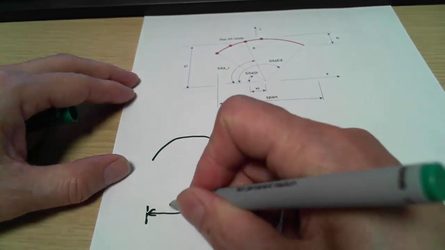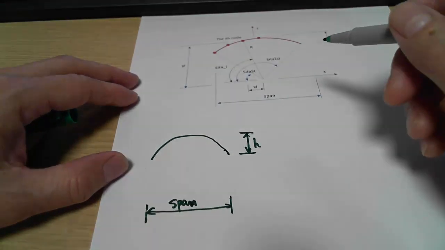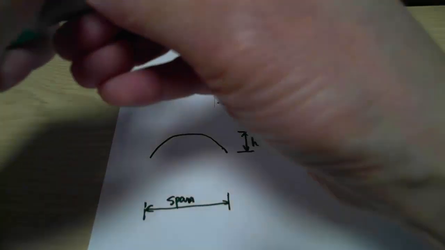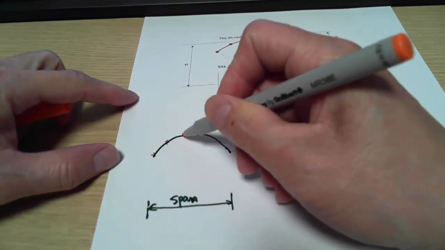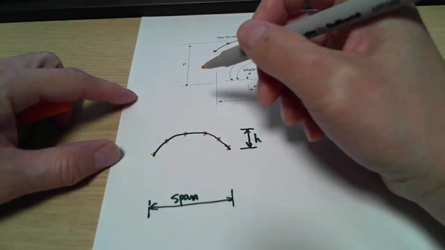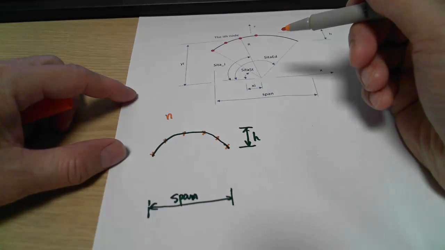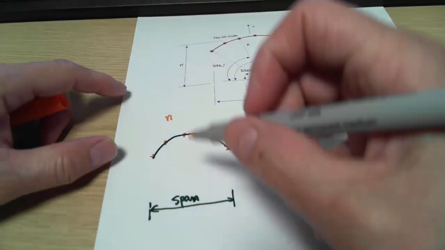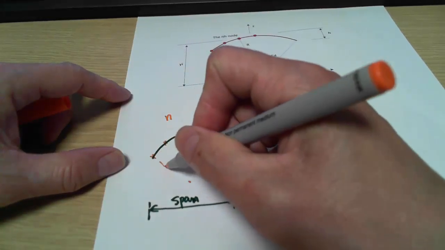So this is the span. And what we're looking for, say for example this is divided into 6, 7, or whatever you like, so maybe n segments.